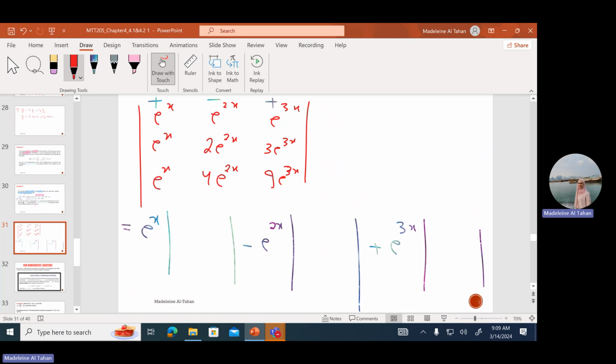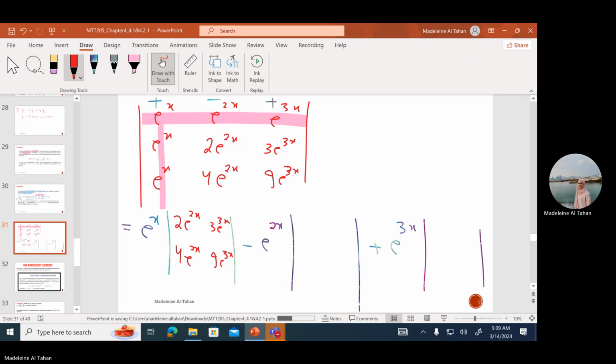What should we cover for the first one? So we always cover the first row. Here we cover the first column. So we are left with 2e^2x, 3e^3x, 4e^2x, and here 9e^3x. Right?